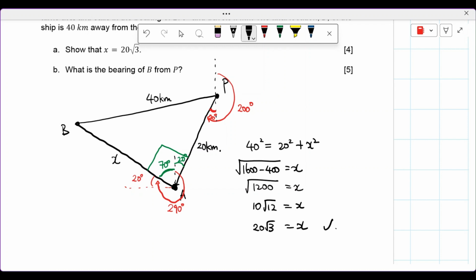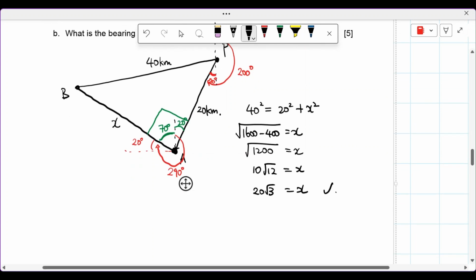Finally, knowing that this is a right angle triangle, I think we can assume what the angles PBA and also BPA would be. If you know about the special right angle triangles, if one side is 1 and the other side is square root of 3 and the hypotenuse is 2, which seems to be this exact case right now, then the angles are fixed to be 60 degrees here and 30 degrees here.